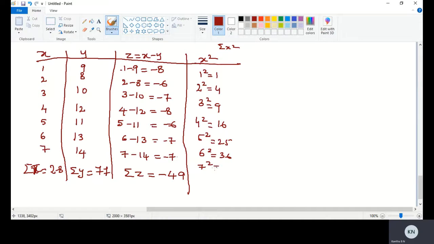Then 7 square is 49. And adding this: 1 plus 4 plus 9 plus 16 plus 25 plus 36 plus 49. Okay, add it. Summation of x square is equal to 140.